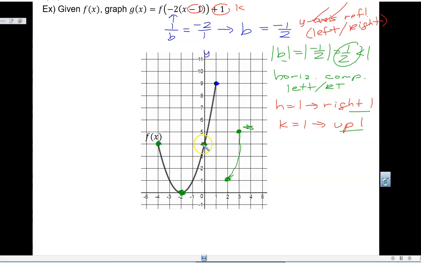And so the compression doesn't change that. The reflection, since it's on the y-axis, not on the left and not on the right, stays exactly where it is for the reflection too. But it does still translate, right 1 and up 1. So now it's here. So that completes the U part. This part right here is now right here.